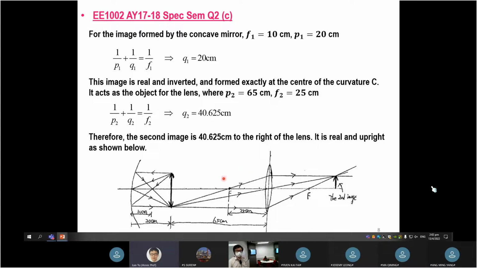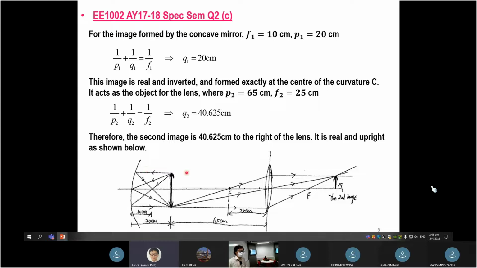Let me repeat what his question is, because now we have the final image here, whether we can view this as an object for the mirror, right? Whether it will be imaged by the mirror again.